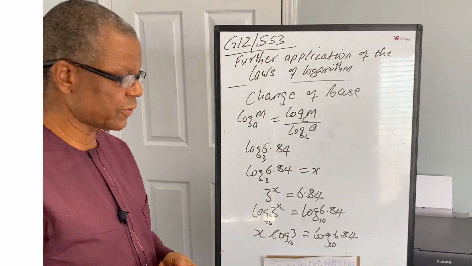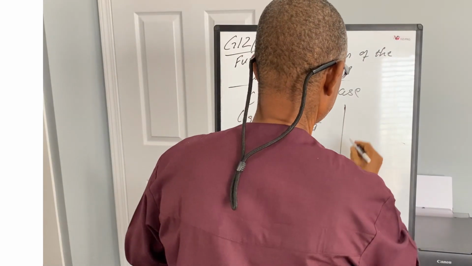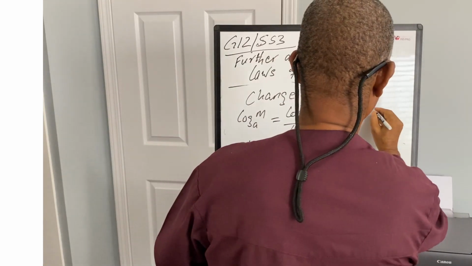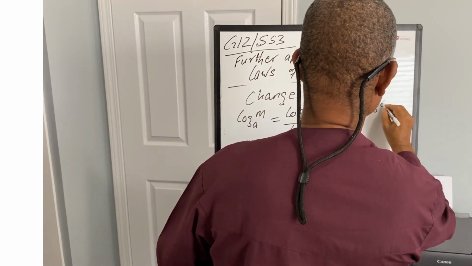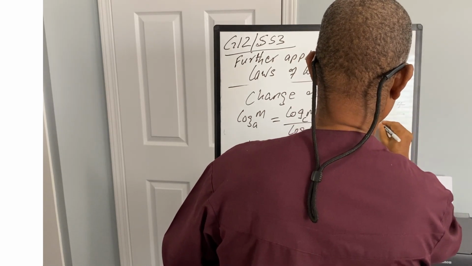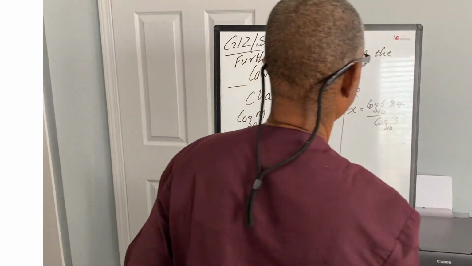To single out this variable we are looking for, x becomes x will now be equal to log 6.84 base 10 over log 3 base 10.